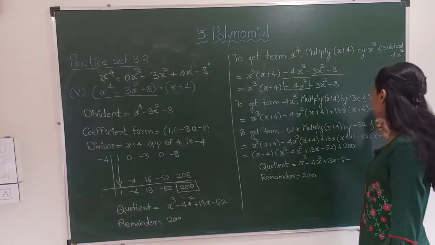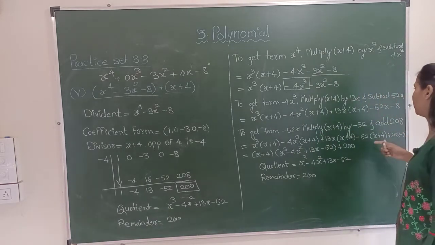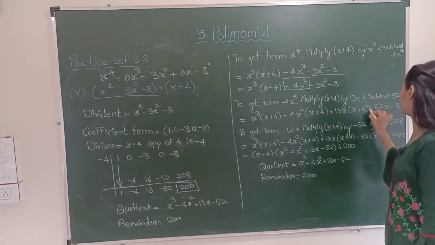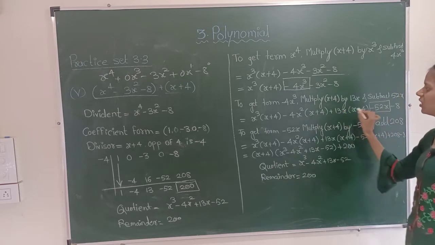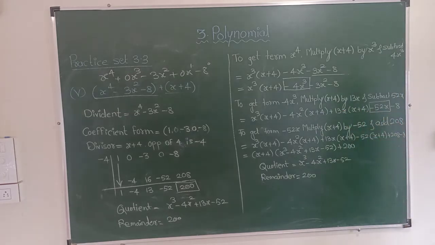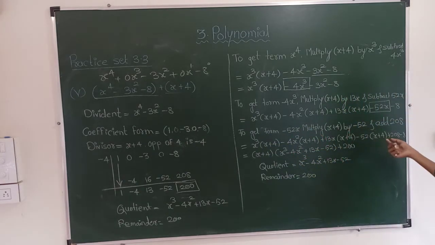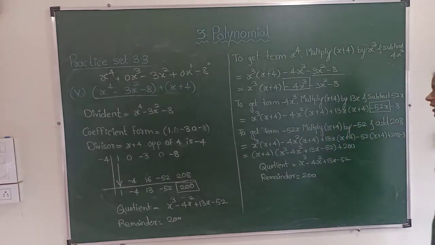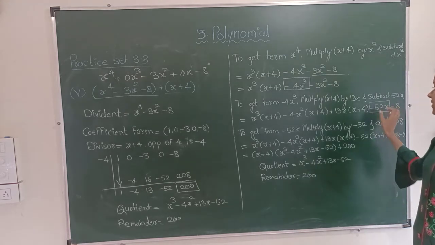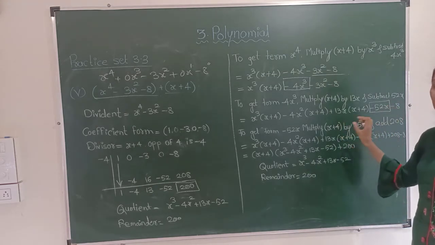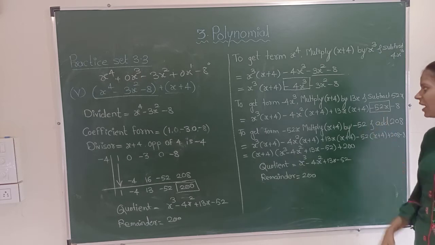Now here you can see the term is what? Minus 52. Okay, we have converted up to the second term. Now the last term is minus 52x. To get the term minus 52x, multiply x plus 4 by minus 52 and add 208. What we have to do, to get this term we have to multiply x plus 4 by minus 52 and we have to add 208.